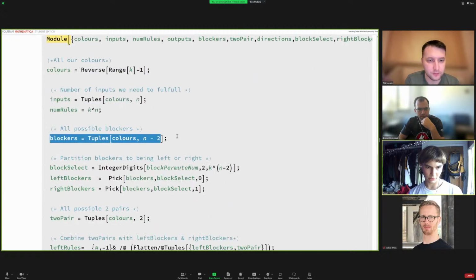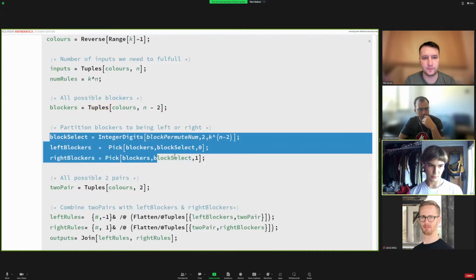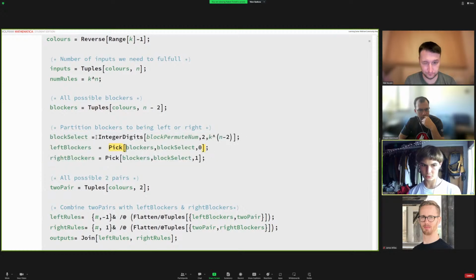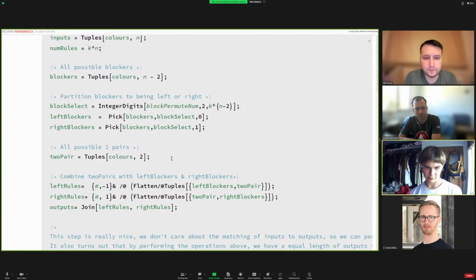I get my blockers, which are the n-2 cells in. We get all the blockers, and then we partition them to be left blockers or right blockers using some kind of numbering. Furthermore, we have the two cells on the left and the right.